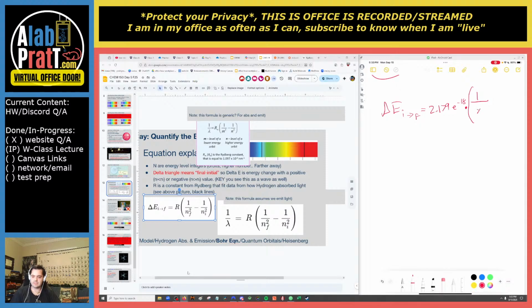That's what we're calculating for. We don't know what it is, and we know our initial state is 2 squared.